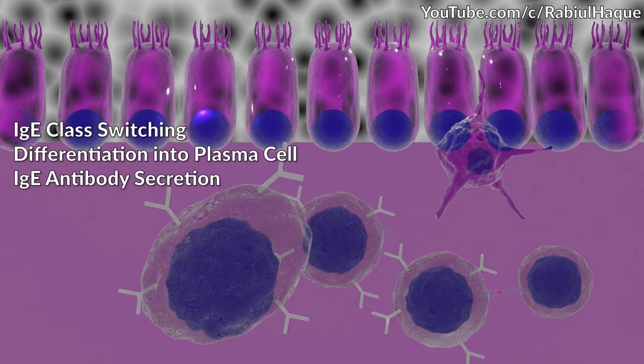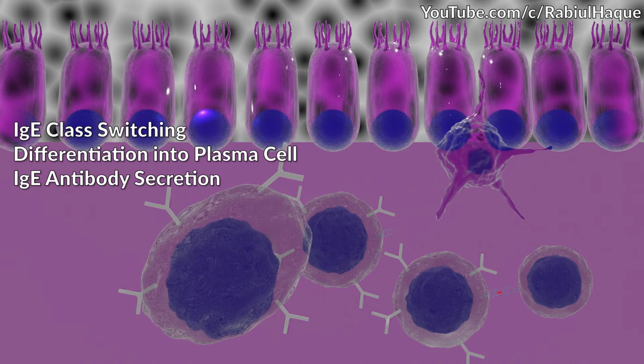So what will be the process, or how will that thing be achieved? As we can see, when the B cells have been stimulated by interleukin 4, they will first class switch and begin to produce immunoglobulin E antibodies, and ultimately they will differentiate into plasma cells, and those plasma cells will secrete immunoglobulin E antibodies.